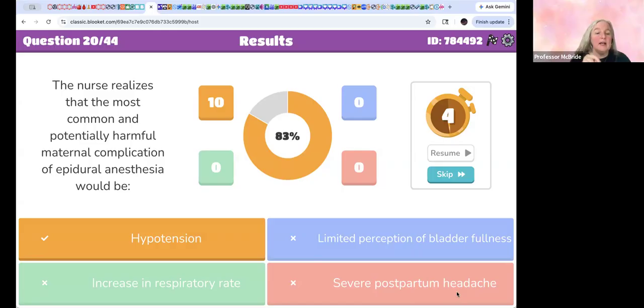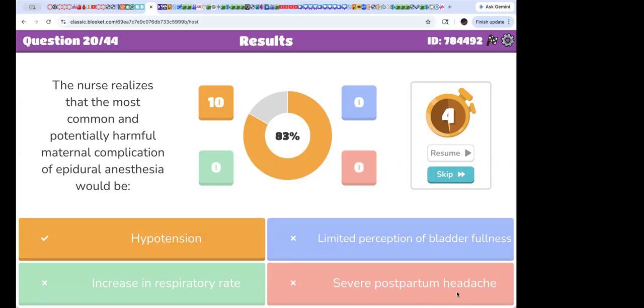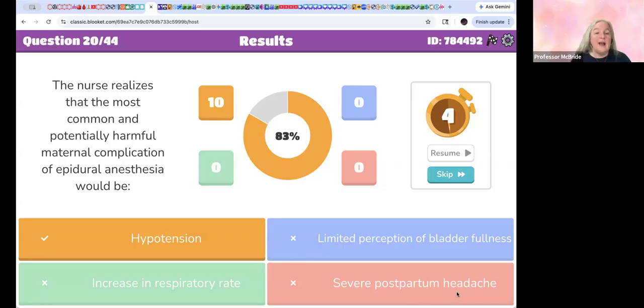It is possible when they place the epidural for them to accidentally nick that next layer, which is the dura. If they do that, it's going to cause a leak of the cerebrospinal fluid. When that happens, you get what's called a post-dural puncture headache. We're not going to notice it today on labor and delivery. We're going to notice it tomorrow on postpartum after it's had some time to leak.